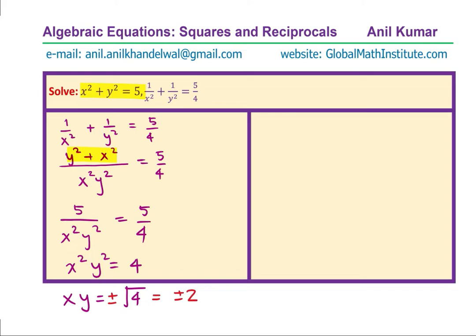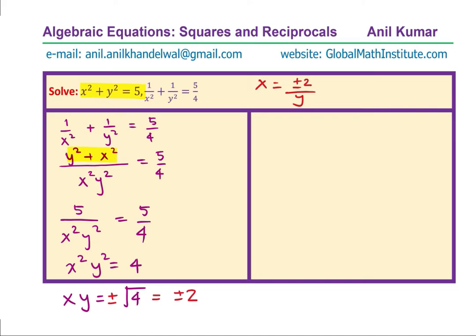And now what can we do? If we want to write x in terms of y, then x will be equal to plus minus 2 over y, right? Now we can substitute this value in the first equation and then find what y is.